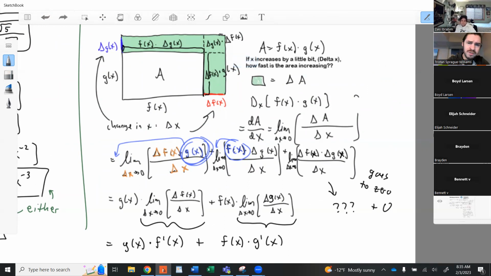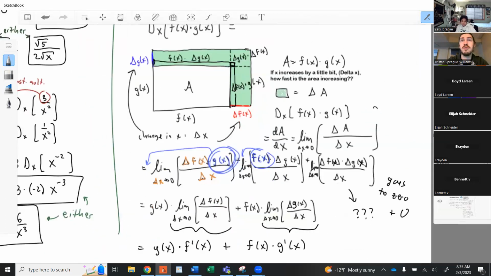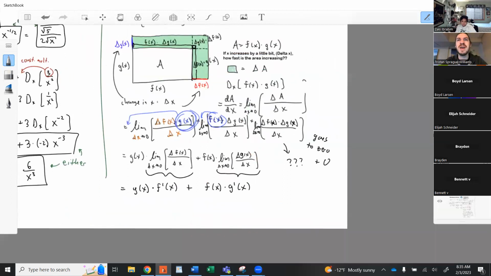But then you would have this tiny little rectangle here that doesn't really have much substance to it. And that part just disappears, basically. It goes to zero and becomes inconsequential. It doesn't contribute anything meaningful to the overall result. So we can ignore the third term and just take the first two.